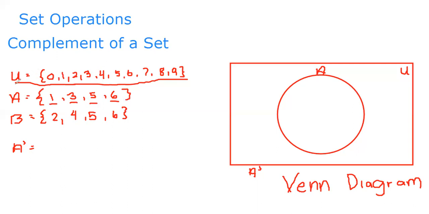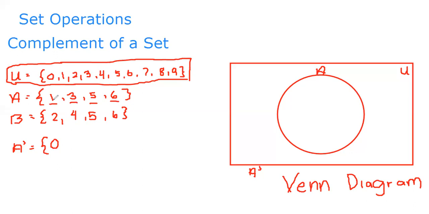In our universal set, titingin lang tayo kay universal set. If set A has 1, it means our complement set A or A complement has 0. Diba? Kasi universal set natin may 0. Then universal set natin may 1.